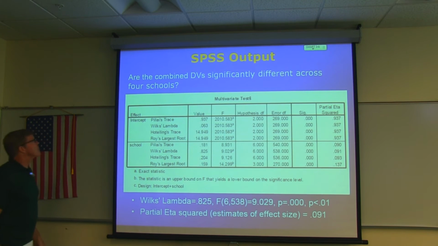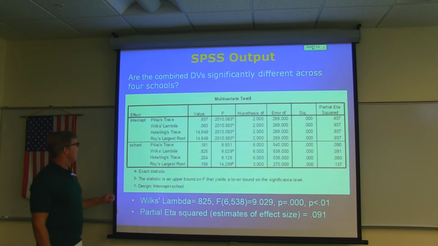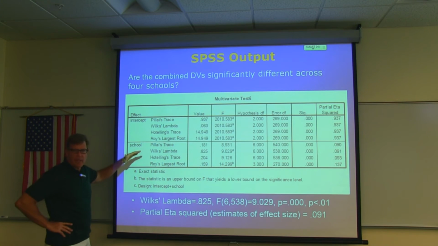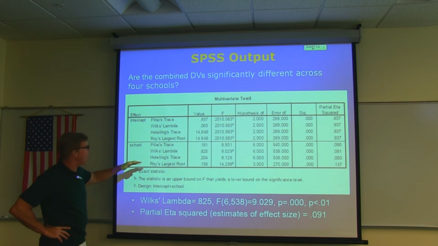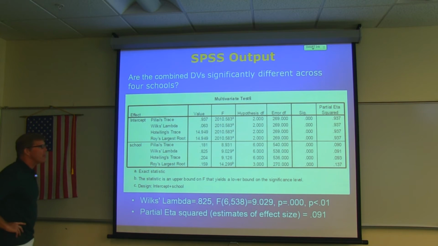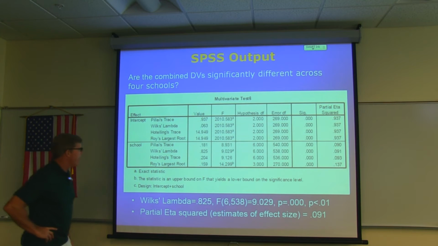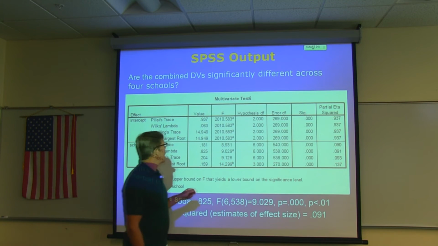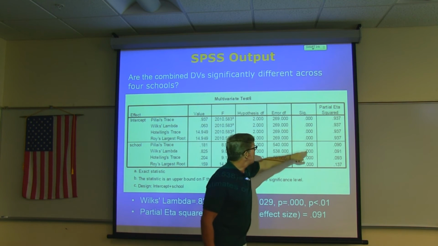Now we're getting into some results. Are the combined DVs significantly different across 4 schools? Now, if you remember in your study, there are different types of the omnibus F statistics in MANOVA, and it really wants us to focus on Wilks's lambda, but there are others as well. But as we see, we have significance.